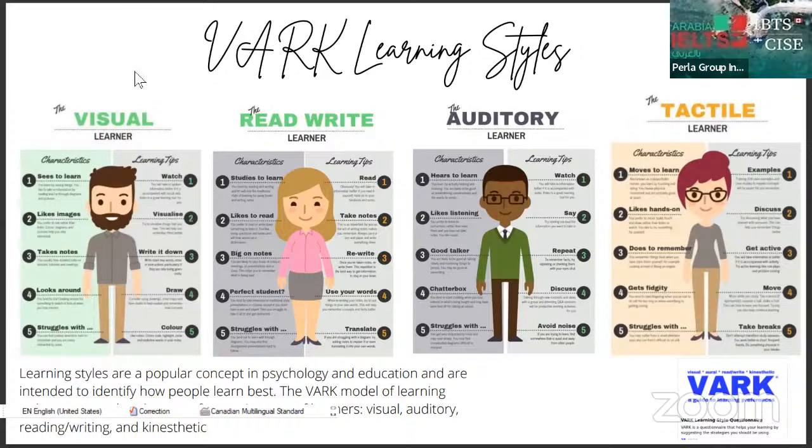So as you can tell, the visual learner is somebody who really cares about everything that they can see. When you are a visual learner, it's better that you watch and visualize and try to write down in colors, okay? Colors are really important to these types of learners.